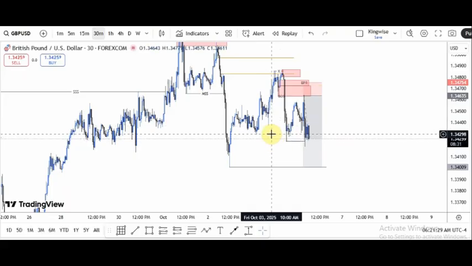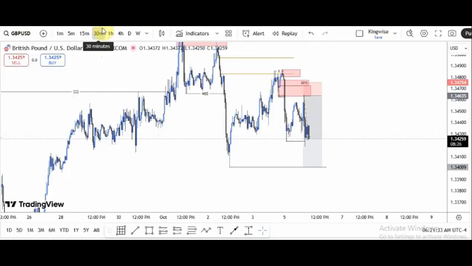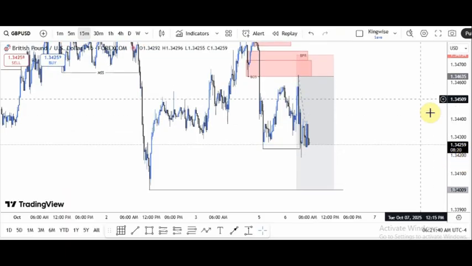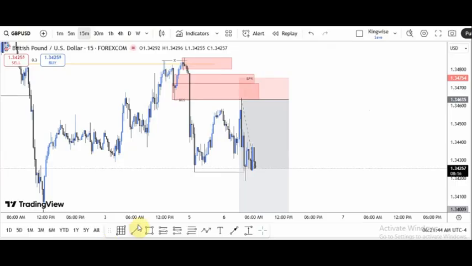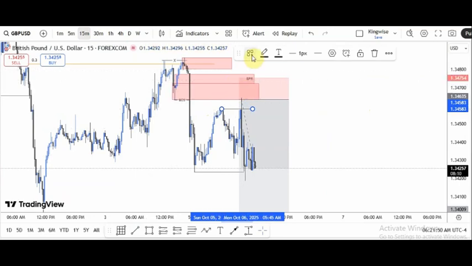So this is how we do the top-down analysis. From my 30 minutes, I've taken the trade already, but you can still come down to the 15 minutes to have. I knew this high here was going to be the liquidity in price.